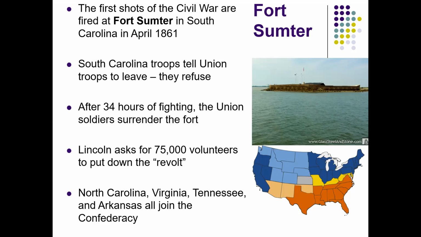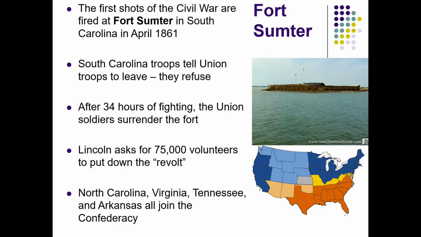The Union soldiers eventually surrender the fort as they run out of ammunition. This is considered to be the first battle of the Civil War. No one was actually killed in the fighting during Fort Sumter until the Union soldiers were getting ready to surrender the fort. They were doing a salute with guns, and one of the guns backfired, and a Union soldier was killed. That was the first casualty of the Civil War.